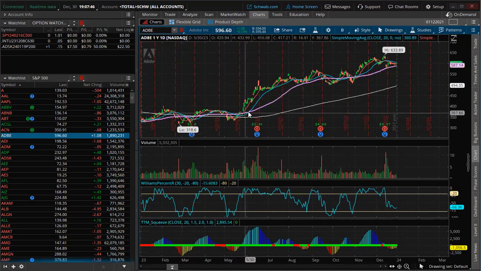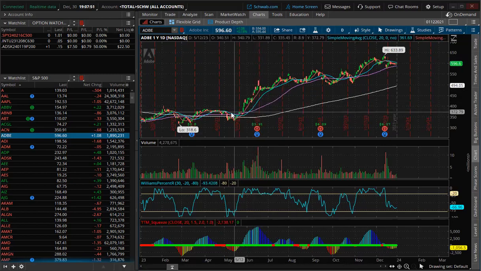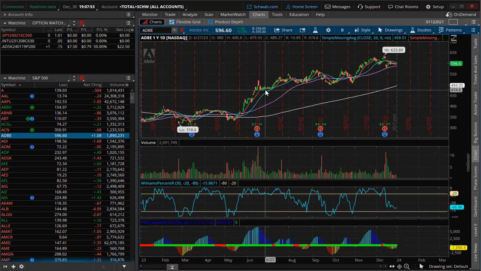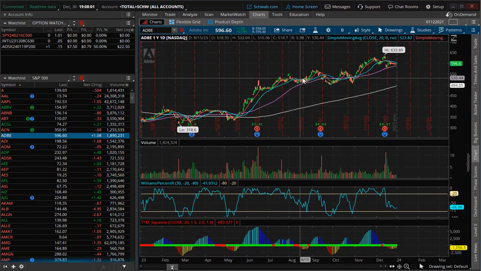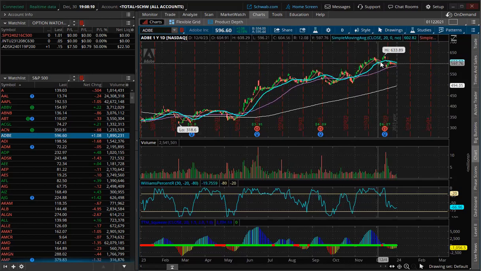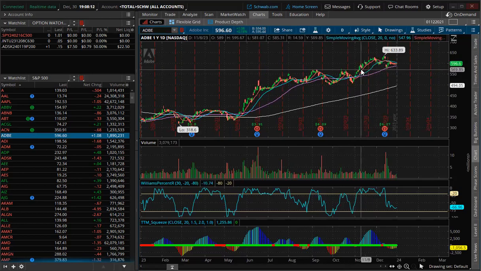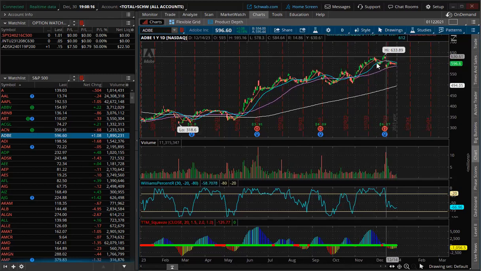And you can tell that right in here, especially, when the 8 stays distinctively over the 20, you trade with it. And it dropped down here, but everything tells you what's going on. Price dips a little bit, but it's still going up.